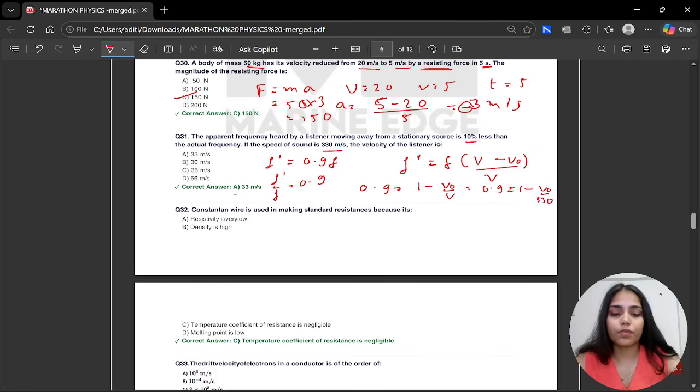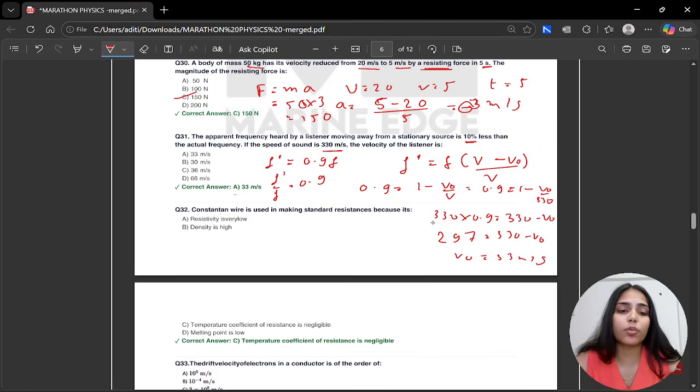Now, let's solve it out. So, 330 into 0.9 is equal to 330 minus v naught, correct? Now, if you multiply these two values, you will get 297 is equal to 330 minus v naught. So, you'll get the value of v naught as 33 meters per second. That is your option A.